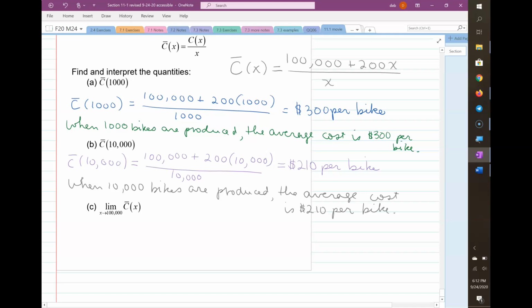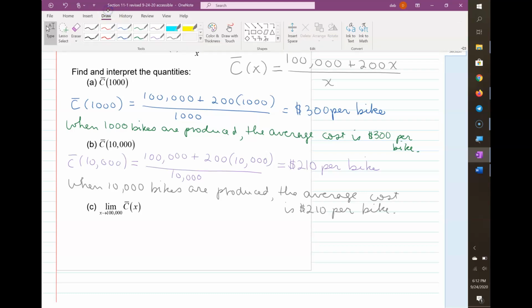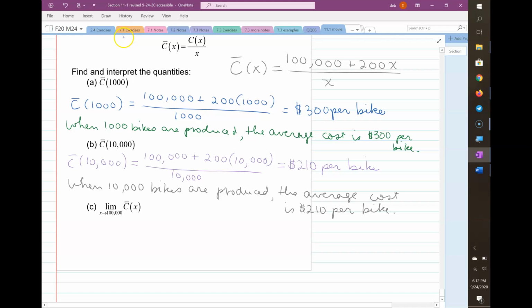And then the last question is, what's the limit as X goes to 100,000 of C bar of X? So we're asking what's the limit as X goes to 100,000 of 100,000 plus 200 times X, over X. First we write it with the X in it because we're finding the limit.